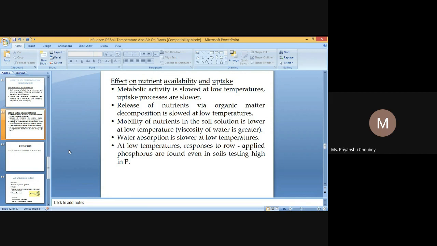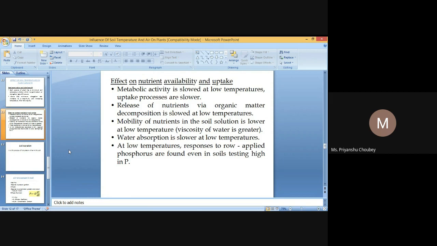The definition and criteria of the essential nutrients: an element without which a plant cannot survive or complete its life cycle is termed an essential nutrient. It is directly involved in plant metabolism, and its biological function cannot be performed by any other element.